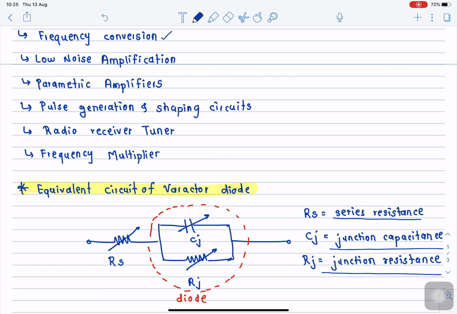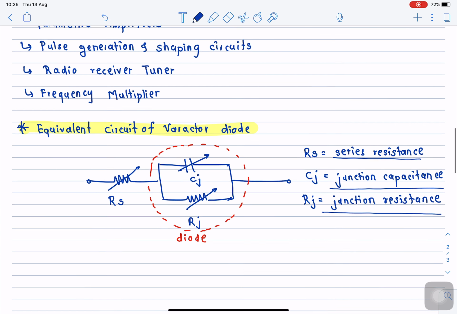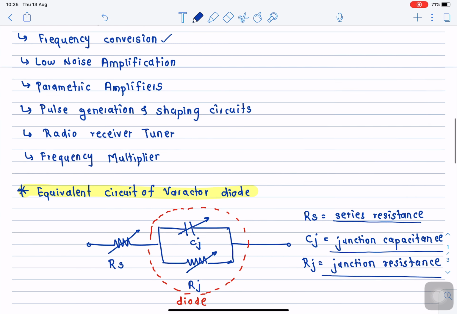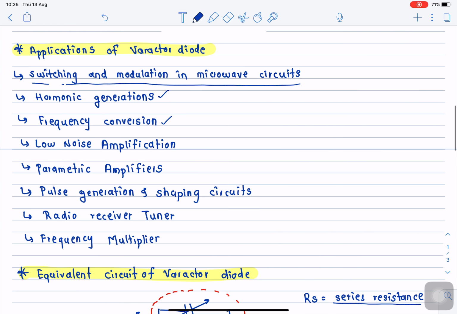By controlling the reverse bias across these diodes, we are going to get a variable value of capacitance. This variable capacitance can be used to vary the reactance of the circuit, and by varying the reactance, we can use these diodes in a variety of ways: harmonic generators, frequency multipliers, frequency conversion, pulse generation, parametric amplifiers.